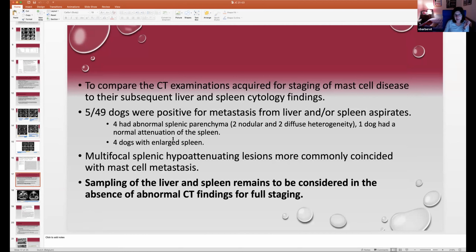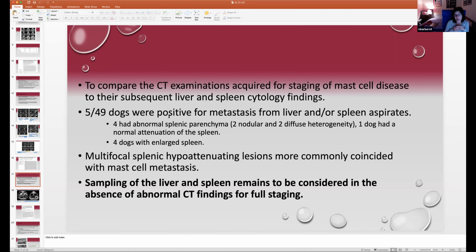On dogs that were positive for metastasis in the liver or spleen aspirates, they had 5 dogs with aspirates positive for mast cell, and 4 showed an abnormal splenic parenchyma with nodular or diffuse heterogeneity, and 1 dog had a normal attenuation of the spleen.